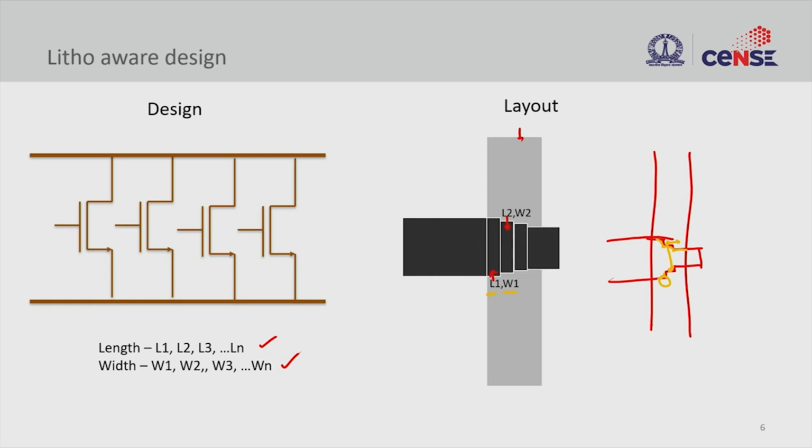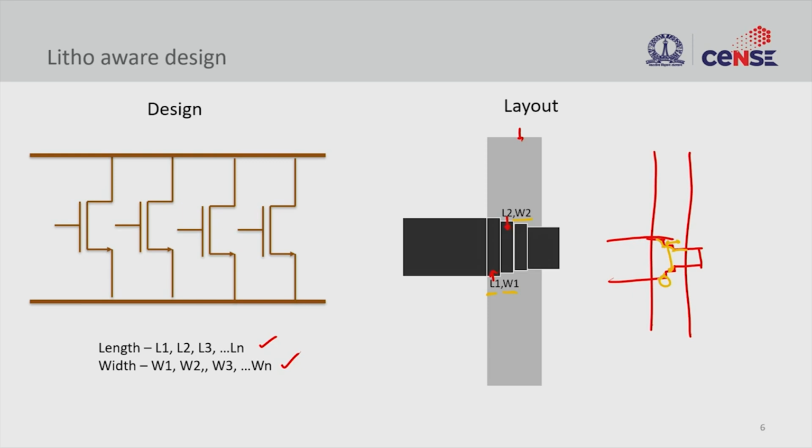Because of this rounding. So one needs to be careful about what you have on the layout and also on your design, how to avoid these kinds of rounding so that you can get effectively L1, L2 by modifying these designs, right?